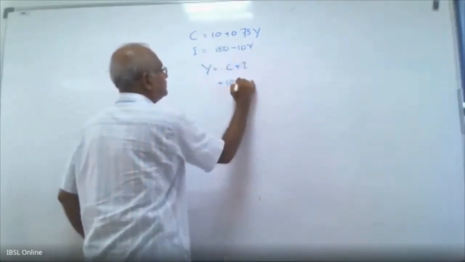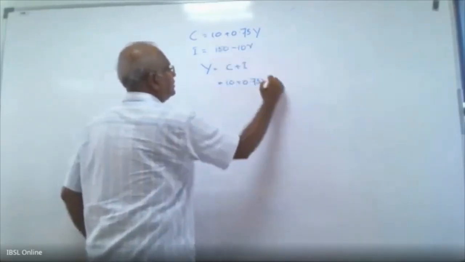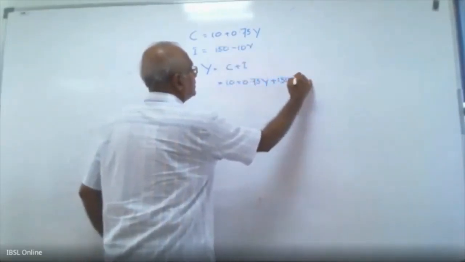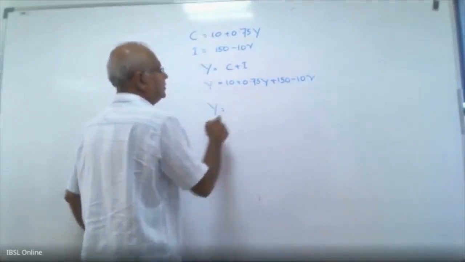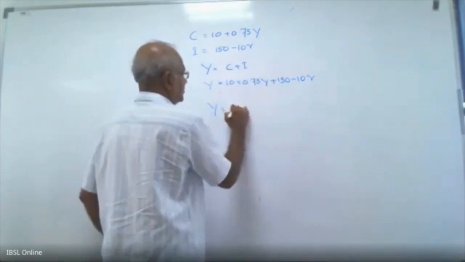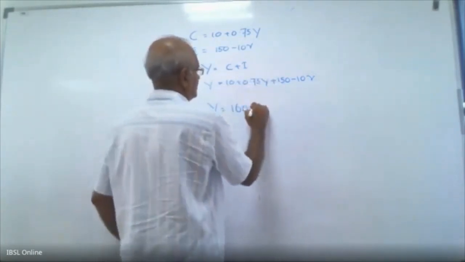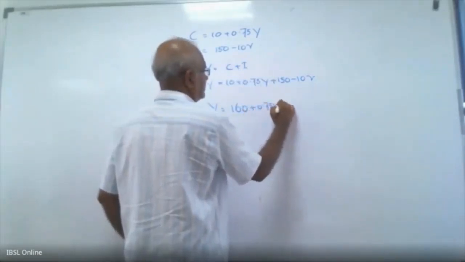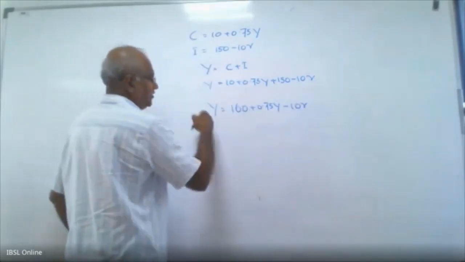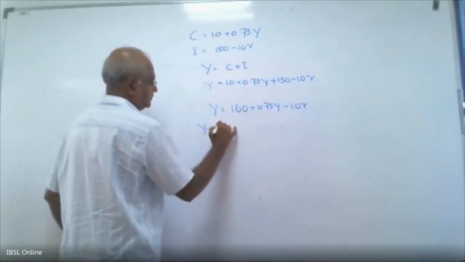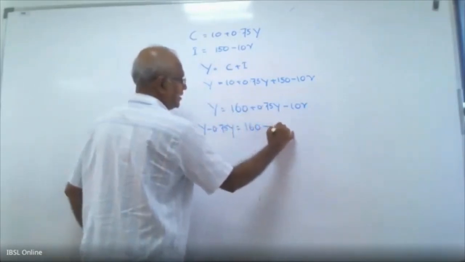C plus I: 10 plus 150, that is 160, plus 0.75Y minus 10R. Y minus 0.75Y equals 160 minus 10R.